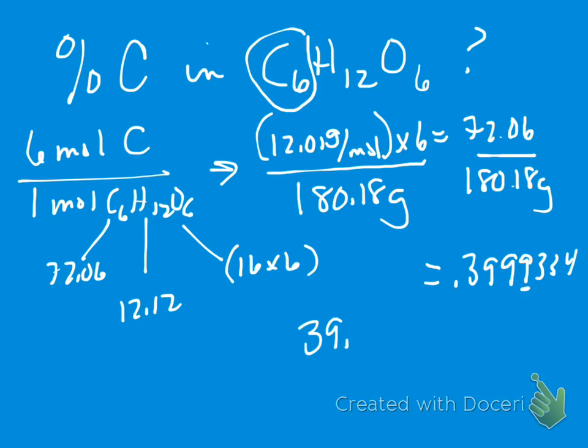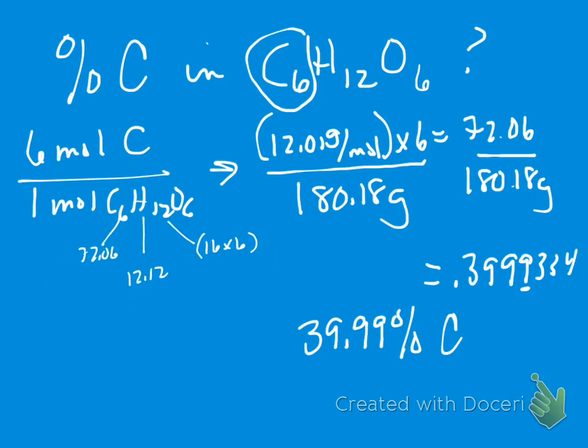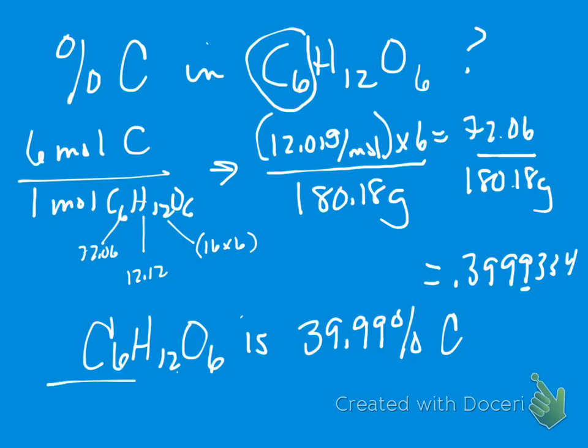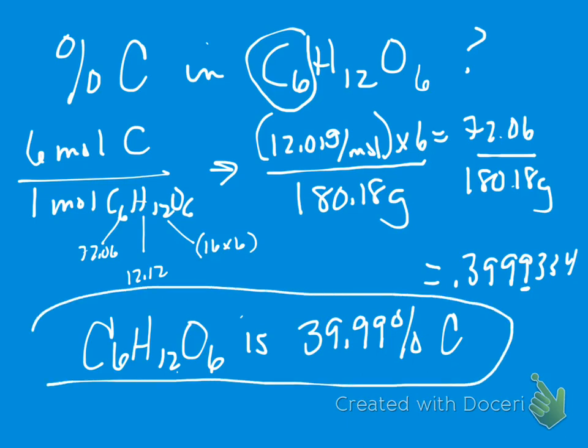So 39.99% carbon. So we could say that glucose, C6H12O6, is 39.99% carbon. I swear there are things that don't come out to 39. There really are.